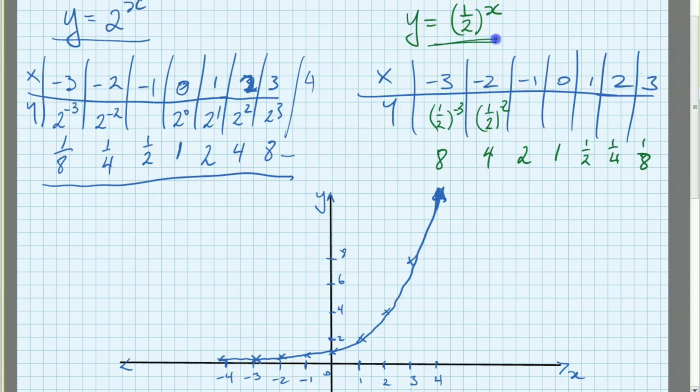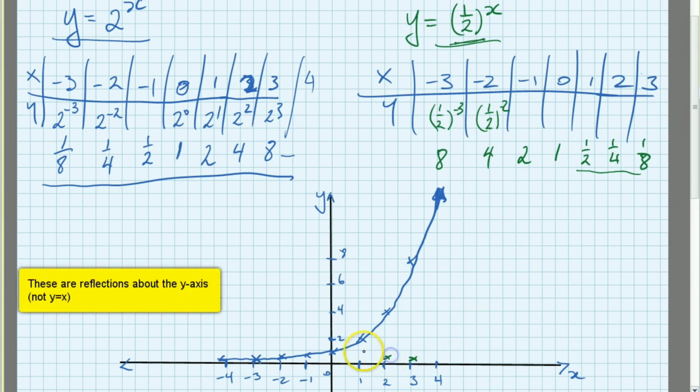With the graph of y equals a half to the power of x, you'll notice that this works the other way. Because we're raising a fraction to a power, as x gets larger and larger, the fraction gets smaller and smaller. And this is almost a reflection of the original graph in the line y equals x.